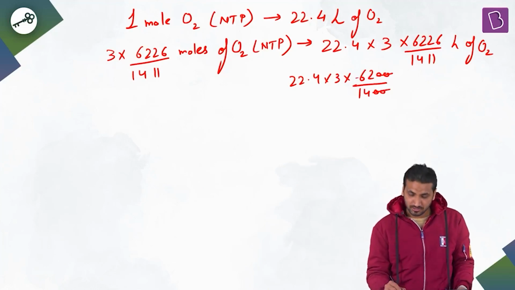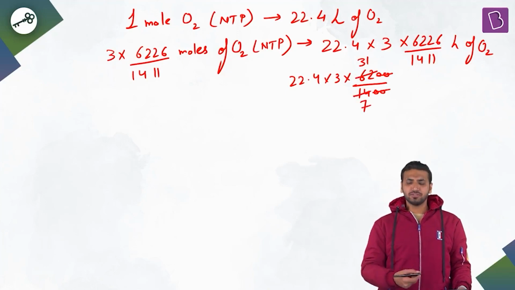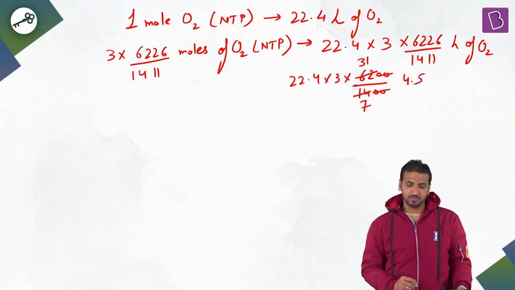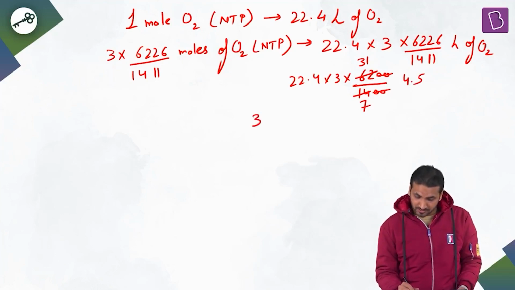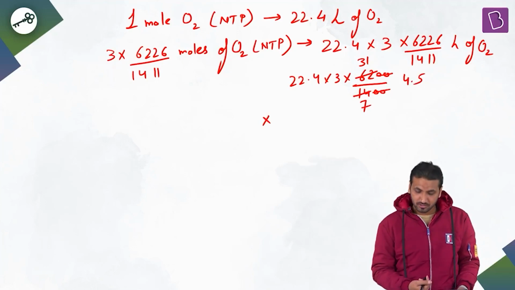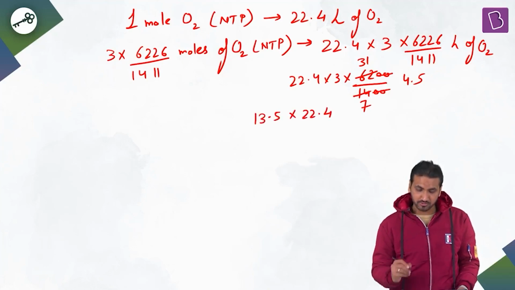Can we just cancel it with 2, 31, 7, 7, 4, 28, 7, 5, 35. So 31 will be somewhere around 4.5. So I have 3 into 4.5, which will be 13.5, into 22.4.